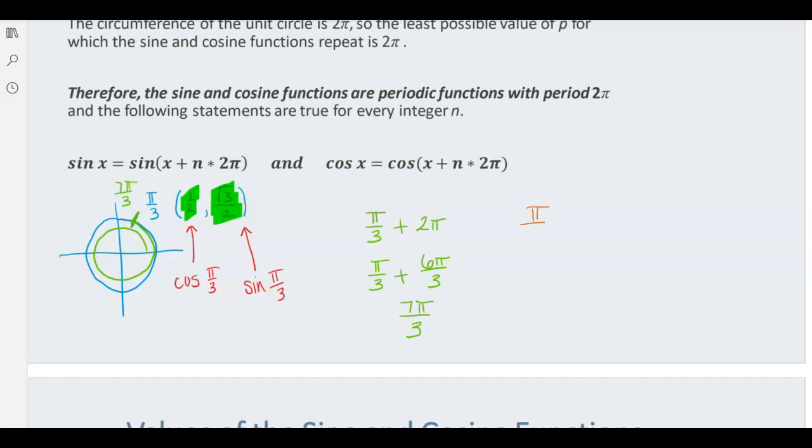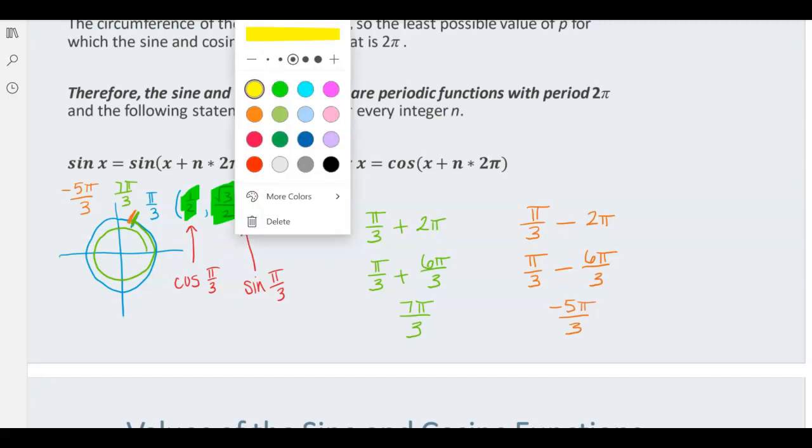What if we took pi over 3 and we subtracted 2 pi? That would give us negative 5 pi over 3. So negative 5 pi over 3 is also in this location. And they all are going to have the same sine and cosine value.